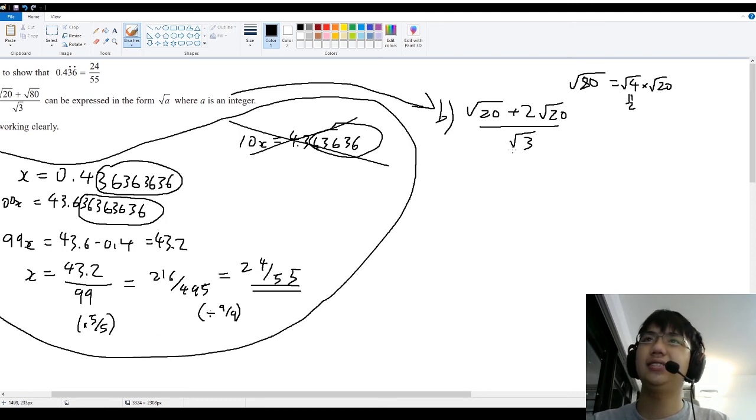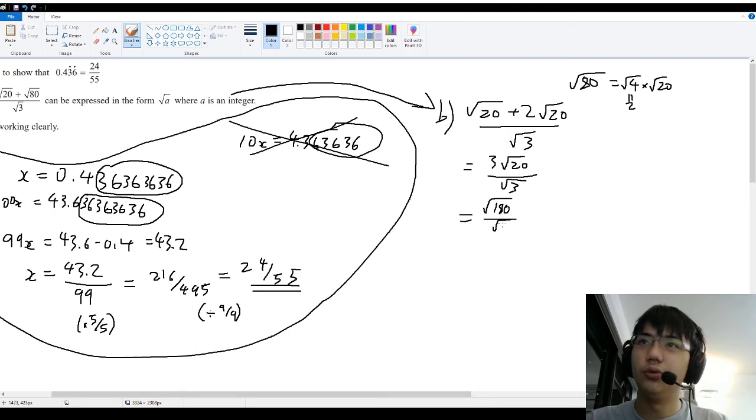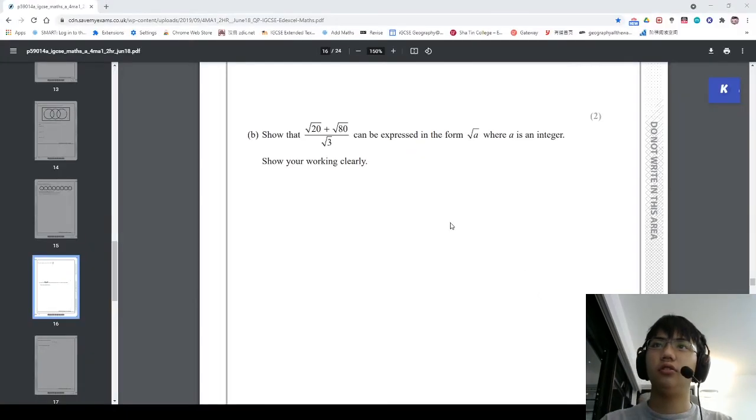So this is equal to 3 root 20 over root 3. Multiplying the 3 into the root, we get root 180 over root 3, since 3 is equal to root 9, and 20 times 9 is 180. So root 180 over root 3 gives us root 60. That's the answer to part B.